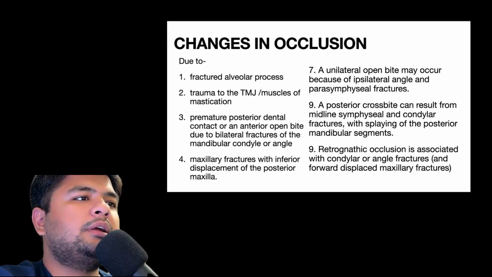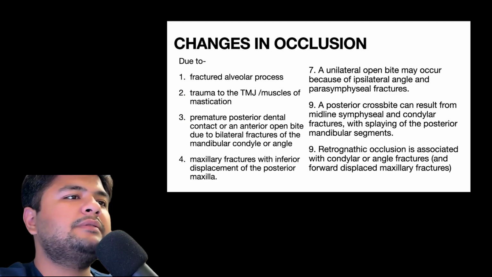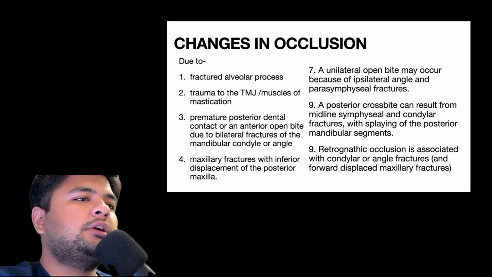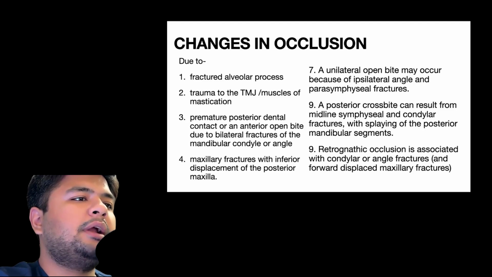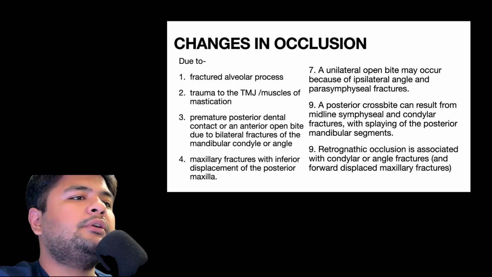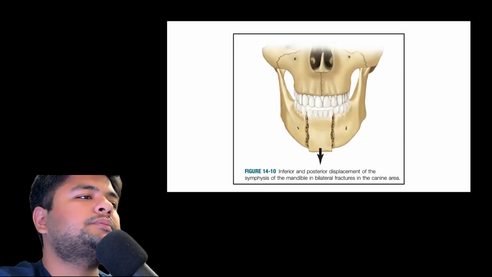Unilateral open bite may occur because of ipsilateral angle and parasymphyseal fracture. A posterior crossbite can occur from midline symphyseal and condylar fractures with splaying of the posterior mandibular segments. Retrognathic occlusion is associated with condylar or angle fractures and the forward displaced maxillary fractures.